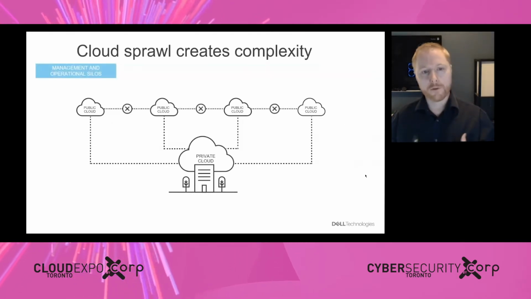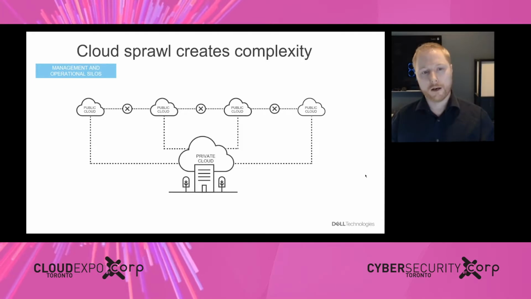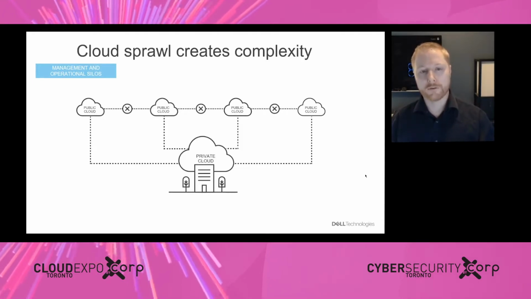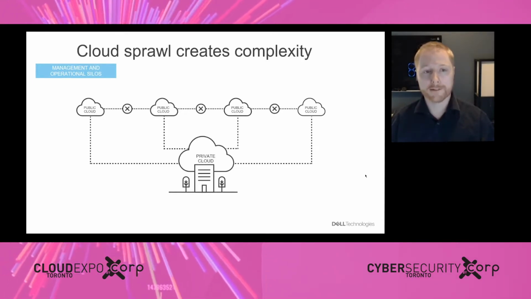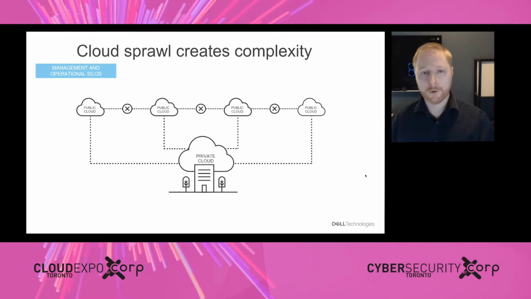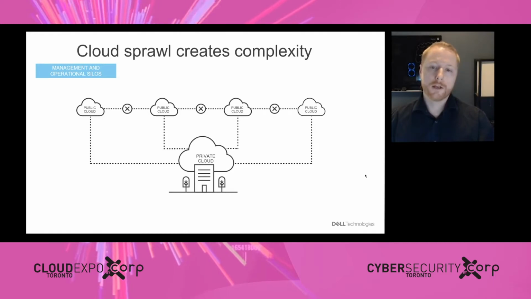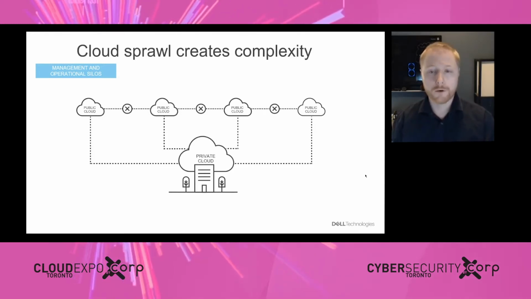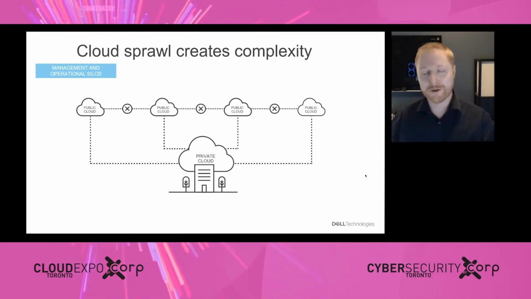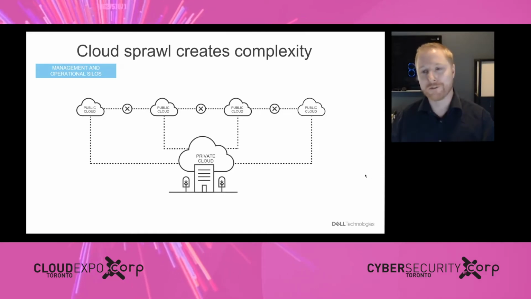But what this means is that operating in lots of different clouds creates a lot of complexity. It requires onboarding of a lot of disparate management and operational tools, and it creates operational silos. Each cloud has a different management console, a different set of processes, a different way of doing things.